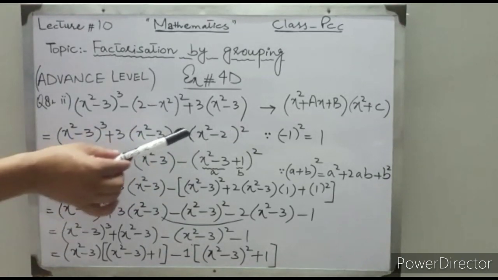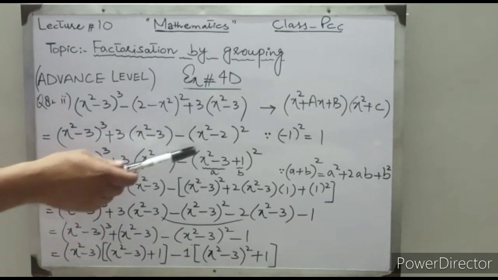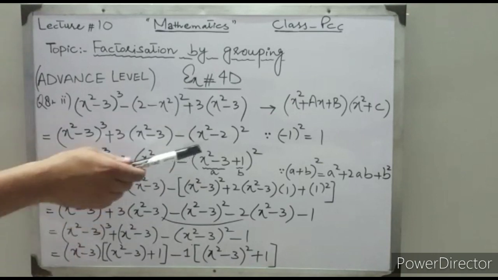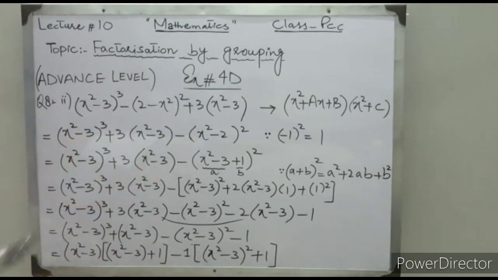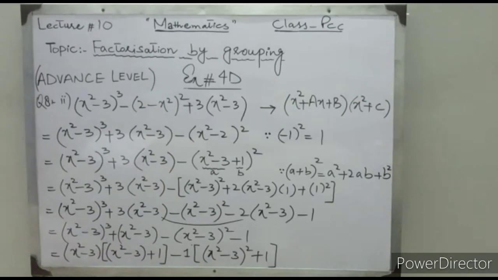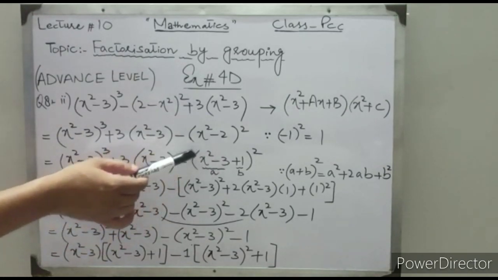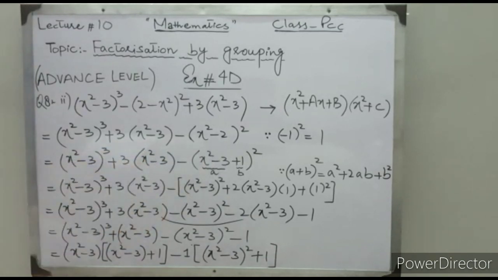Now we will make it the same as x² − 3. Add and subtract 1 in this part. If we add and subtract 1, we may have now (x² − 3 + 1), because −3 plus 1 makes it −2 again. Students, consider x² − 3 as a and 1 as b.